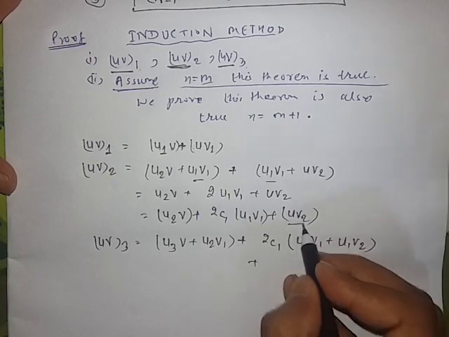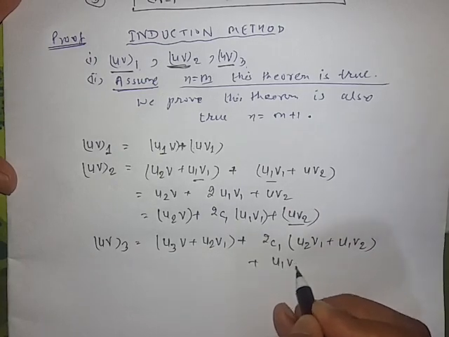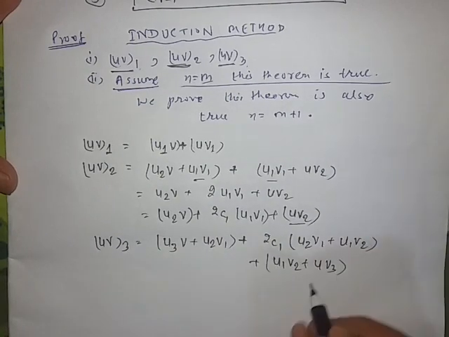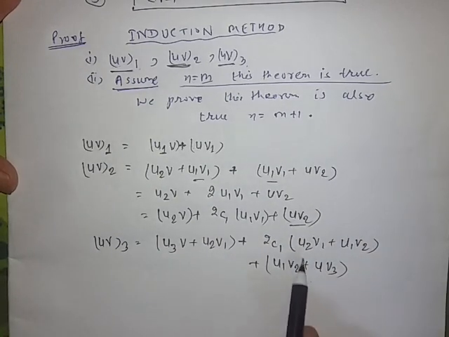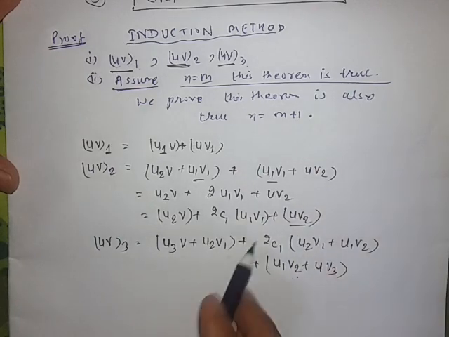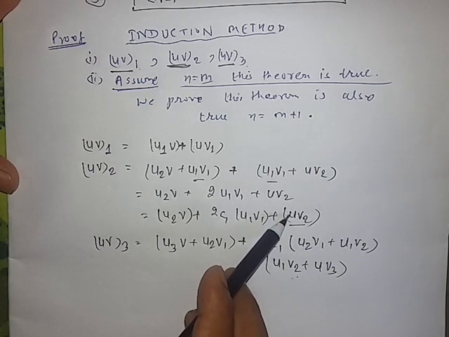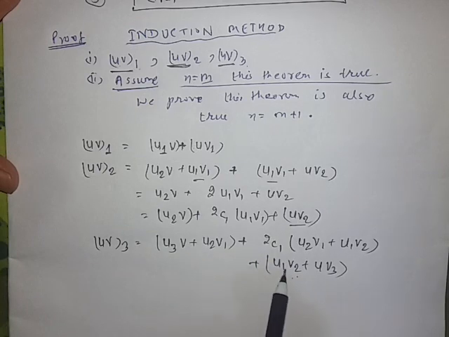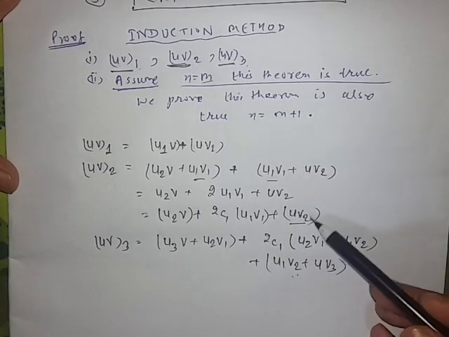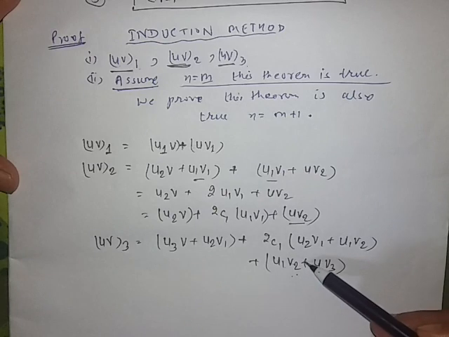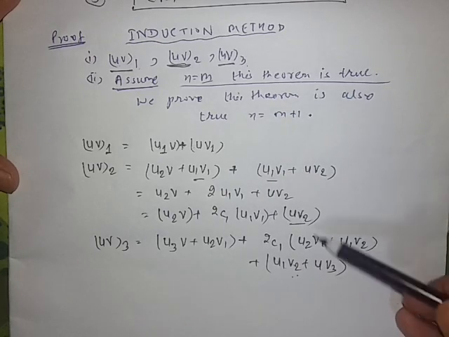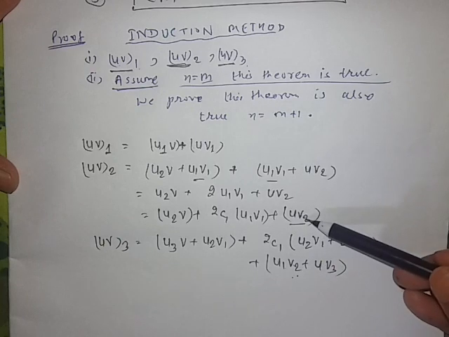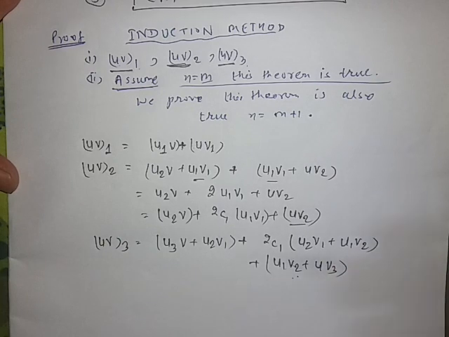Again we differentiate this term to get u_1 v_2 plus u v_3. We did the same process: we differentiate the first term u to get u_1 and write v_2 without changing anything, plus we write u without changing anything and differentiate v_2, which gives v_3.